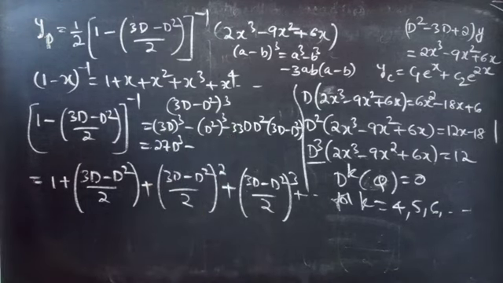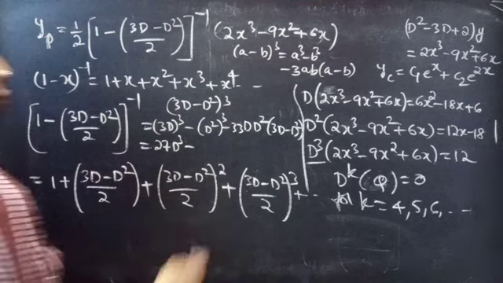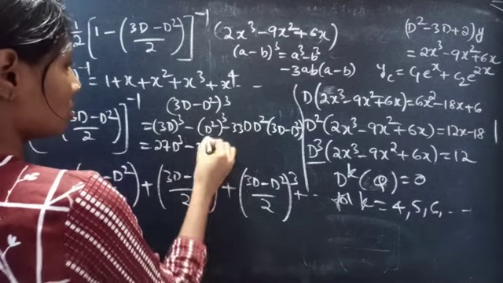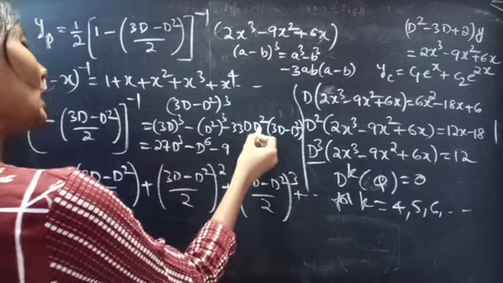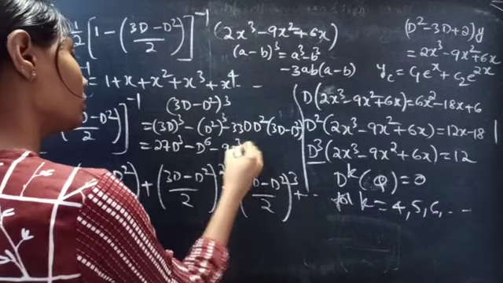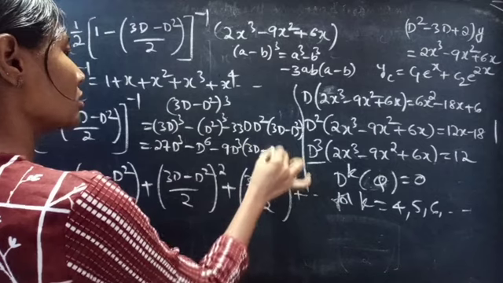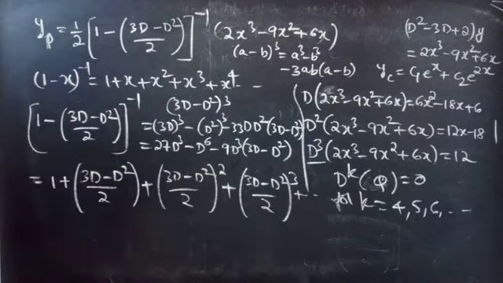A power m whole power n is a power m into n, so you'll get d power 6, minus 3 threes are 9, into d cube, into (3d minus d square), right?